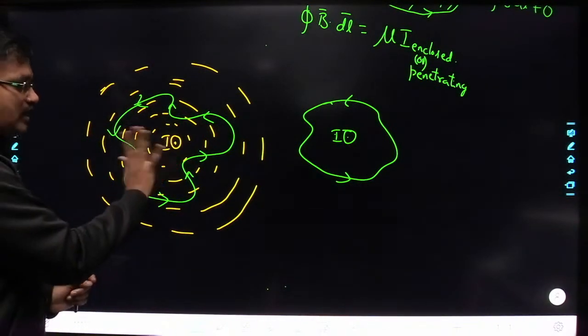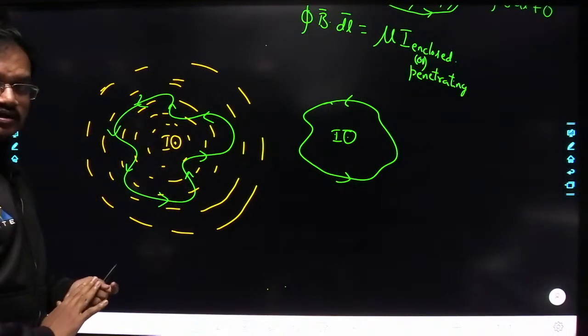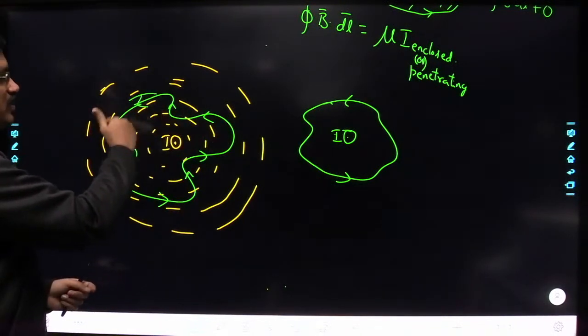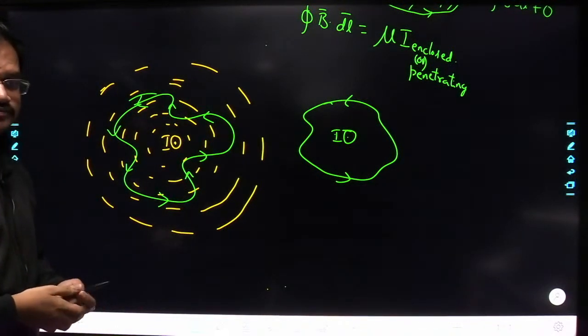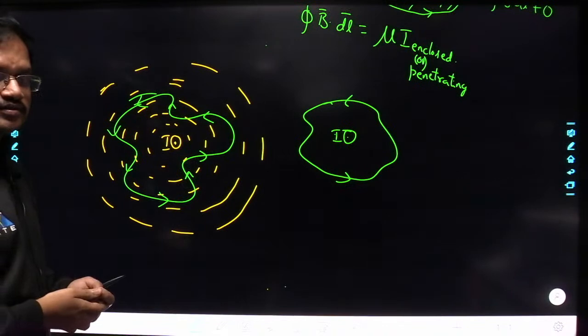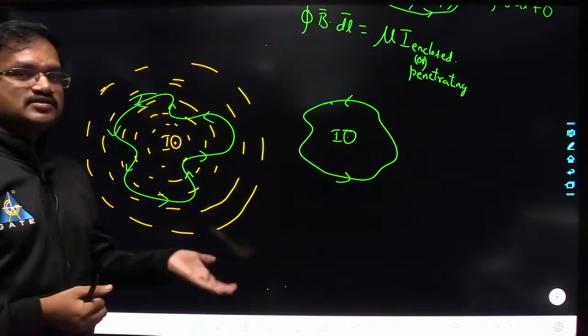If there is no current here, then you cannot see any B field aligned around this closed loop. Yeah, that's what Ampere's law is saying, right?